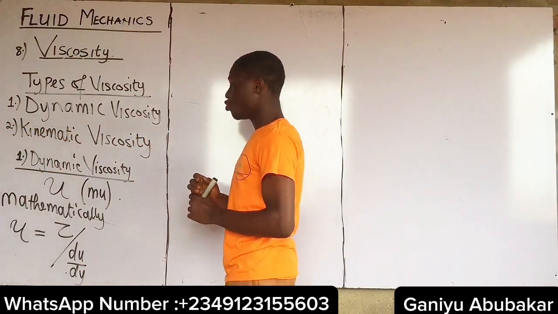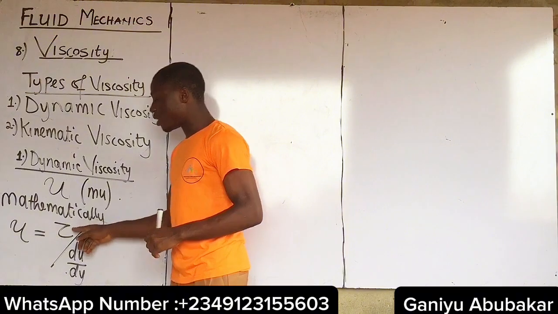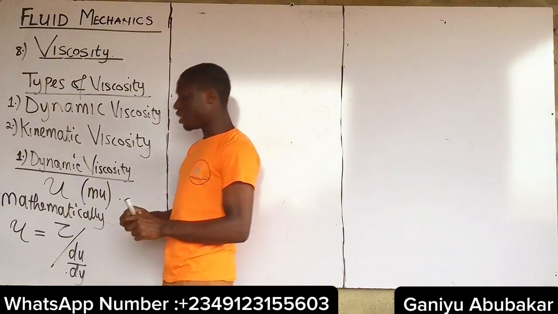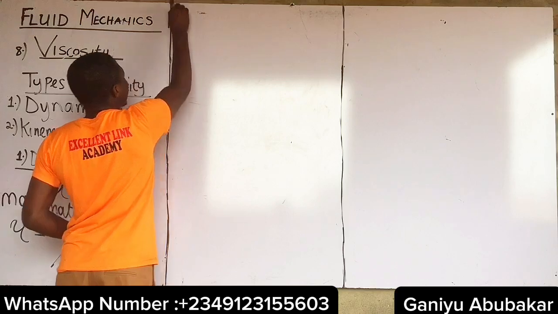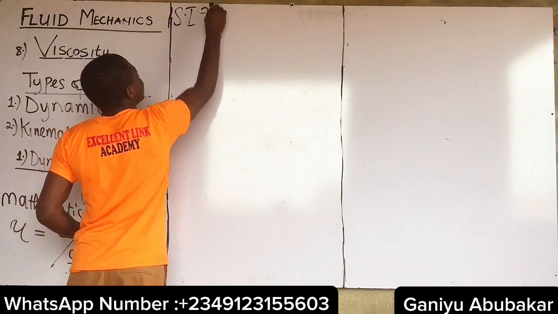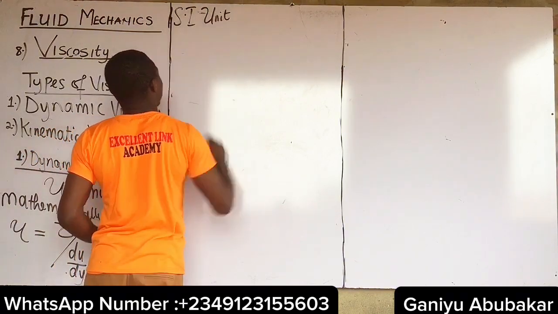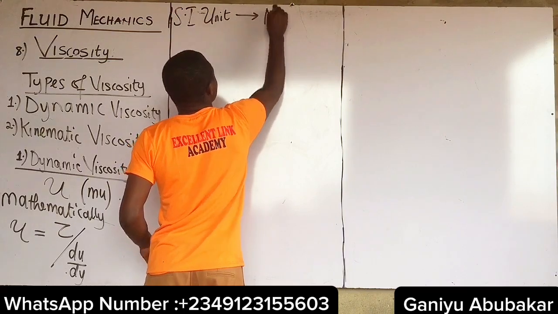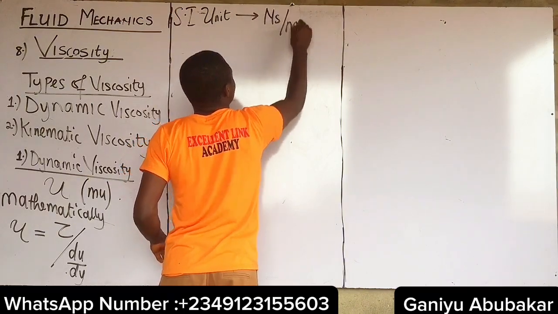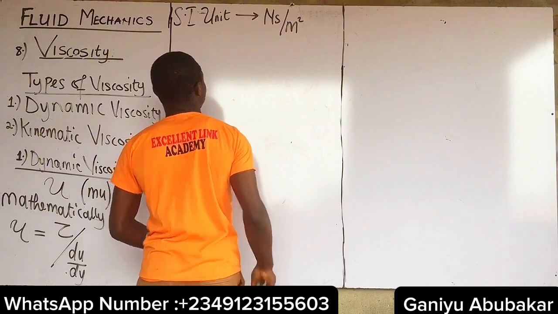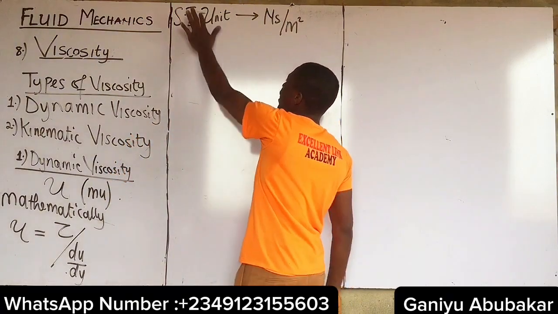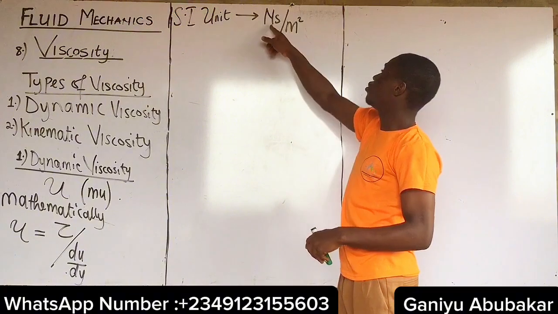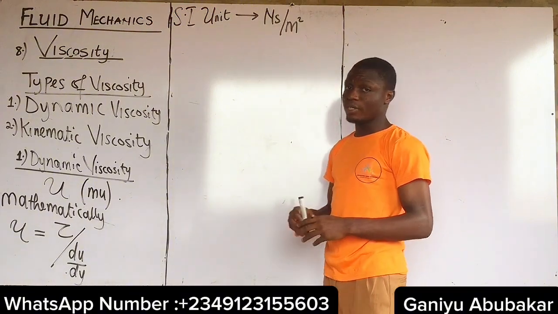Note that the SI unit for dynamic viscosity is Newton seconds per meter squared, as we have derived earlier. So the SI unit for dynamic viscosity is simply Newton seconds per meter squared.